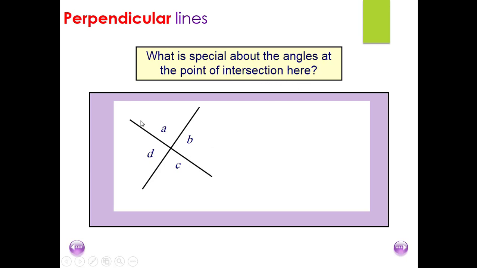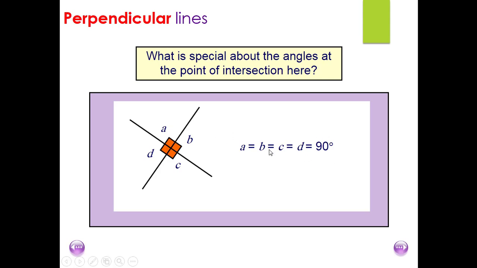These two lines are intersected, but they are normal, we can say normal, or vertical to each other, or we can say perpendicular lines. What is the special? Actually, the special here is that all the angles between these two lines are equal to 90 degrees.